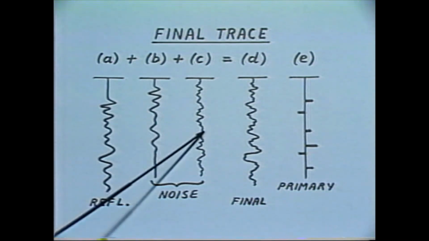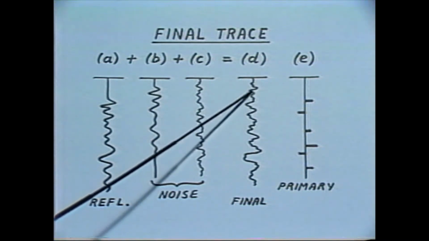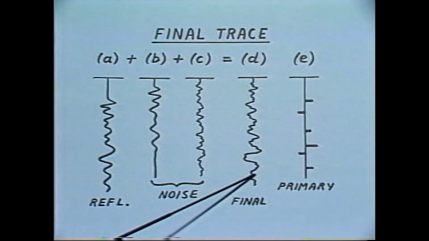So adding all those together, we would record a trace that maybe looks something like this, where it's very difficult and maybe almost impossible in many cases to distinguish the primary reflections on that particular trace. And of course it's only the primary reflections that we really are interested in.